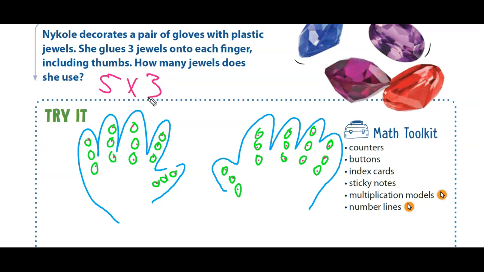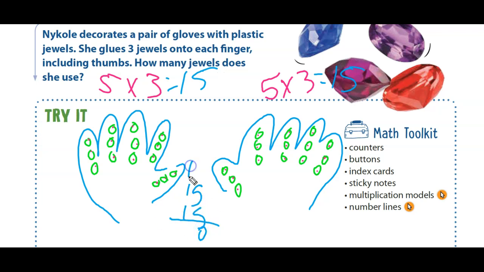And then how about this hand? 5 times 3 again, because I have 5 fingers with 3 jewels in each. 5 times 3 would be 15, and 15 plus 15 would be 30. That's one way to do it.